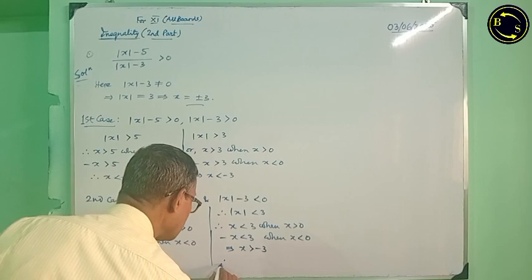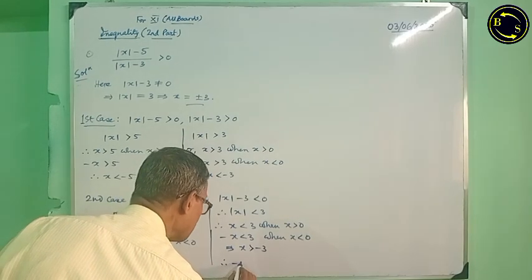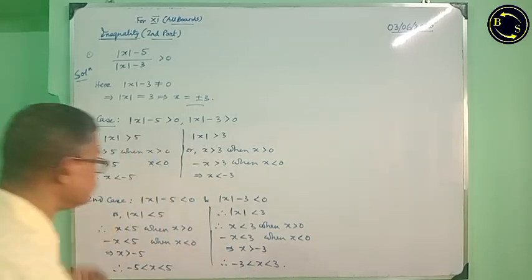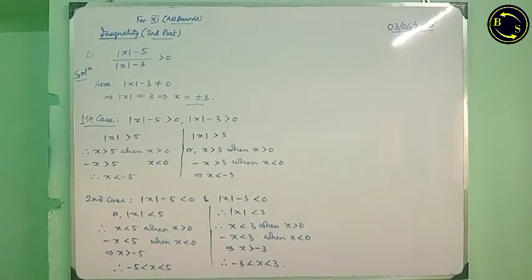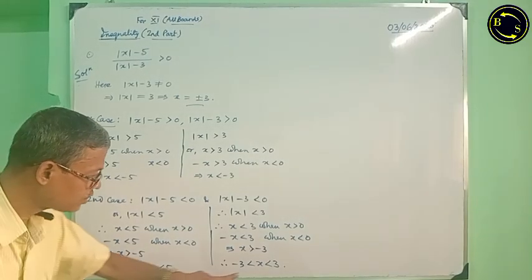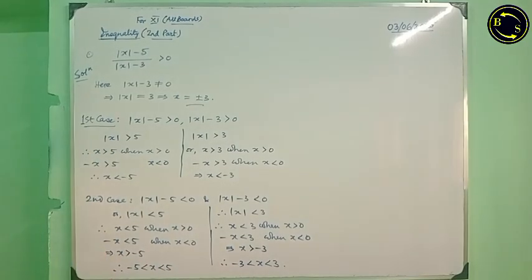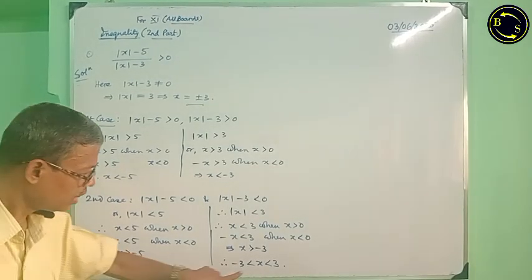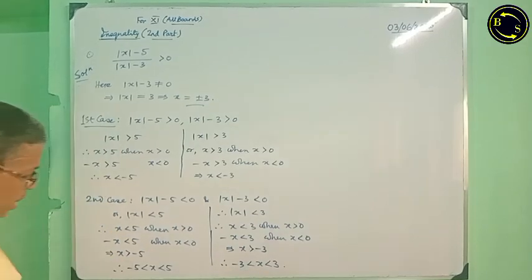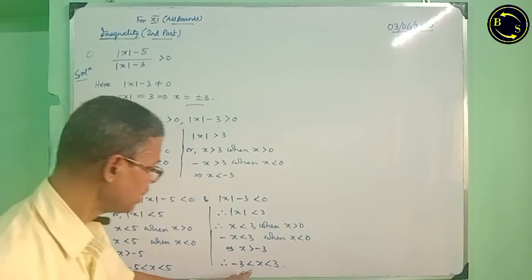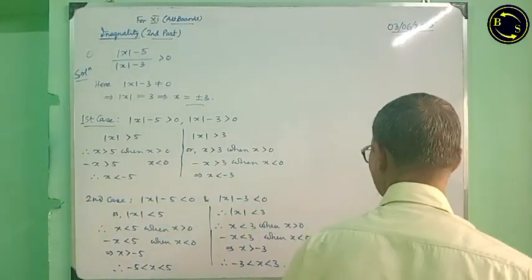Therefore, from it we get minus 3 less than x less than 3. Now we get two intervals. What is the common interval? Here x greater than minus 5, here x greater than minus 3. Therefore, common region will be this one, minus 3 less than x less than 3.